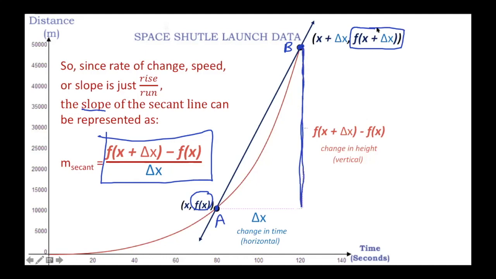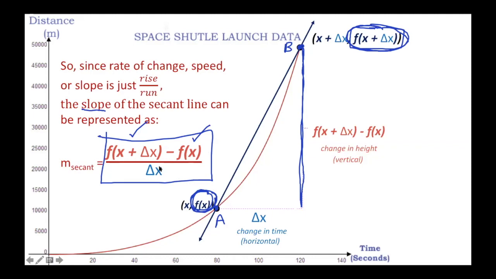So if you take this, which you could think of as your y2, f of x plus delta x, that's right here, and you subtract your original height, which is f of x, that's right there. So all this numerator is here is just the change in height. It's the second height, f of x plus delta x, subtracted with the original height, f of x, which is like y. Okay, so that's your rise or your change in y.